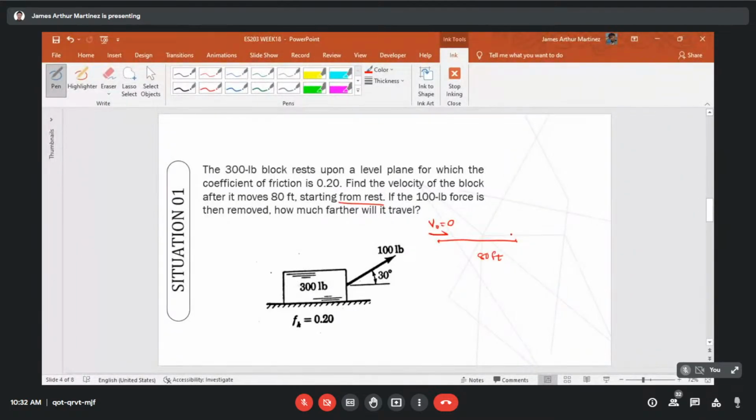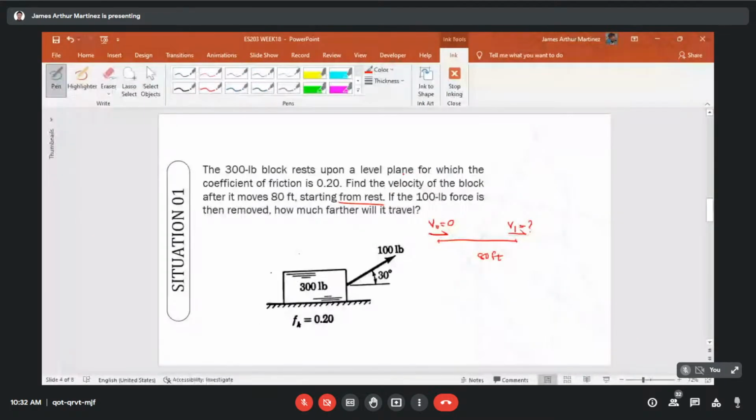We are asked to determine the velocity at this point: find the velocity of the block after it moves 80 feet from rest. And then the second condition is that if the 100-pound force is then removed, how much farther will it travel?